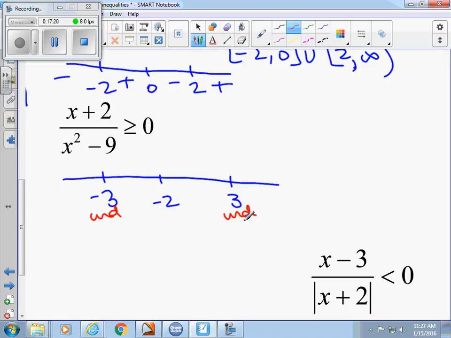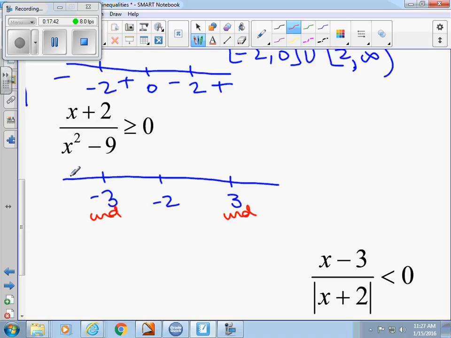Why are they undefined and not zeros? Sure, you don't put brackets. They make the bottom equal to 0, and I need to know that because I don't want to include them in my or equal to 0 answer. They don't make this equal 0, they make it undefined. Does that make sense? So a number less than -3, so -4.